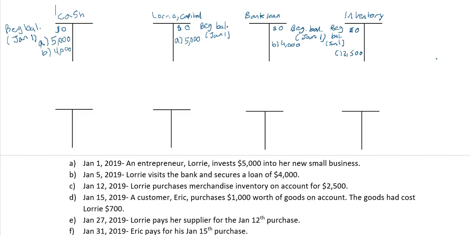$2,500. Now we can go ahead and make our second account for this list of transactions, a liability account called accounts payable. And once again, we will have our beginning balance on the right side, as this is a liability account, so its natural state is a credit state.